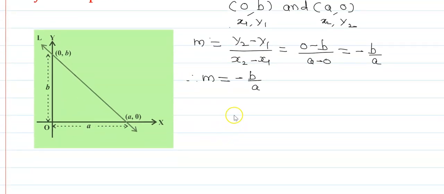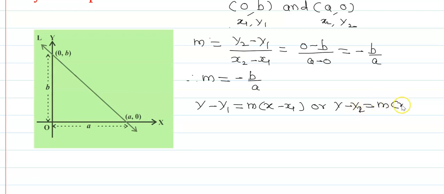Now the equation of a line, we can write it like this: y minus y1 is equal to m in bracket x minus x1, or y minus y2 is equal to m in bracket x minus x2. Now substitute the values. y minus b, the slope is minus b upon a, in bracket x minus 0.